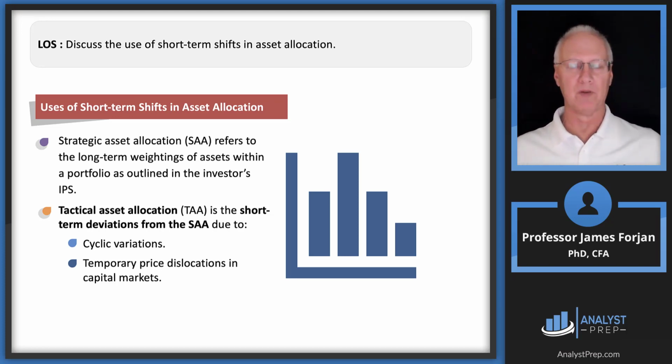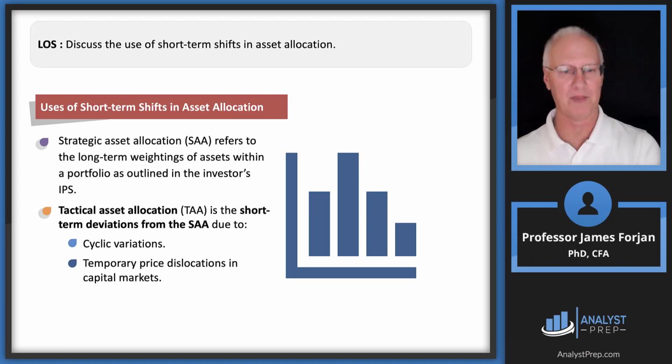But then what happens? Over time, some things change. Cyclical variations, temporary price dislocations. So what did I tell you guys before? That these fathers of modern portfolio theory, they believed in the efficient markets hypothesis, that stock prices reflected all relevant and publicly available information.